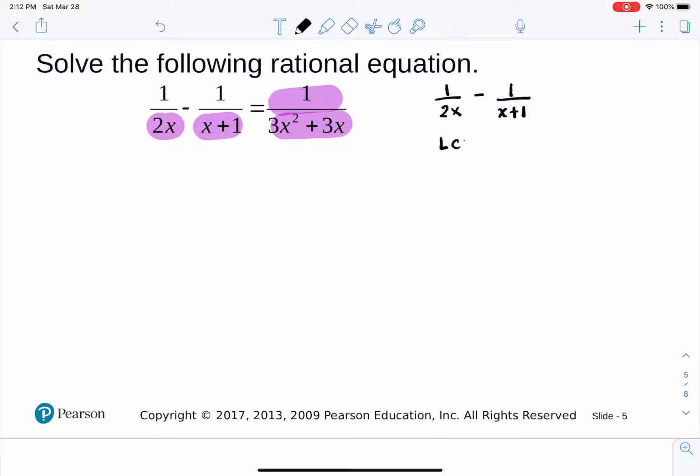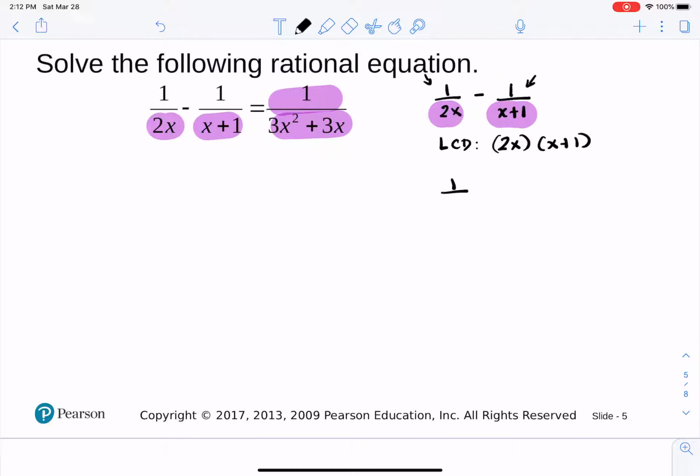So there is nothing in common between 2x and x plus 1. So the LCD is 2x times x plus 1. Our objective now is to convert the denominator in the first function here to 2x times x plus 1. The second function there, the denominator has to become 2x times x plus 1.